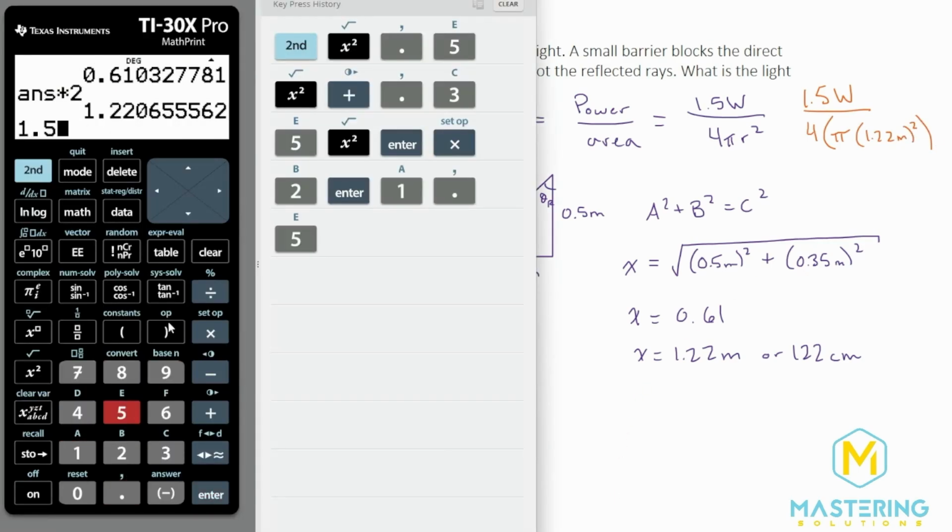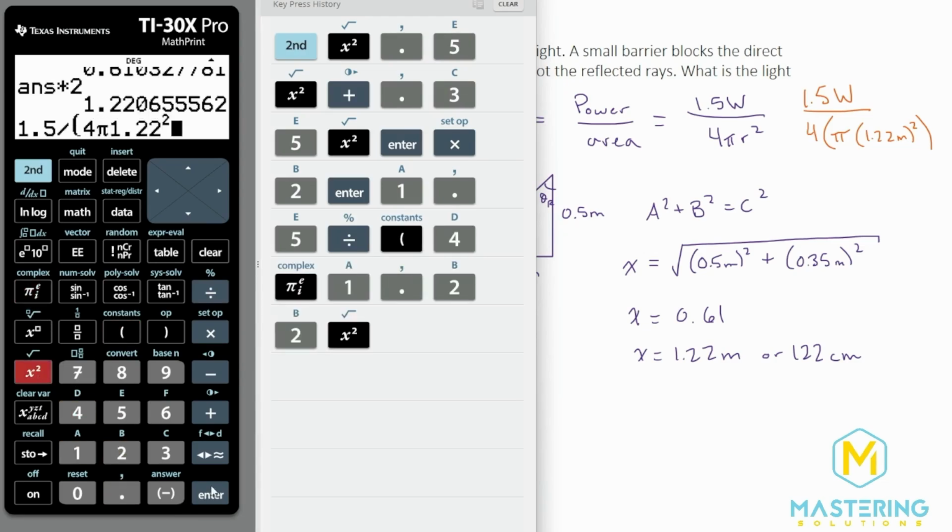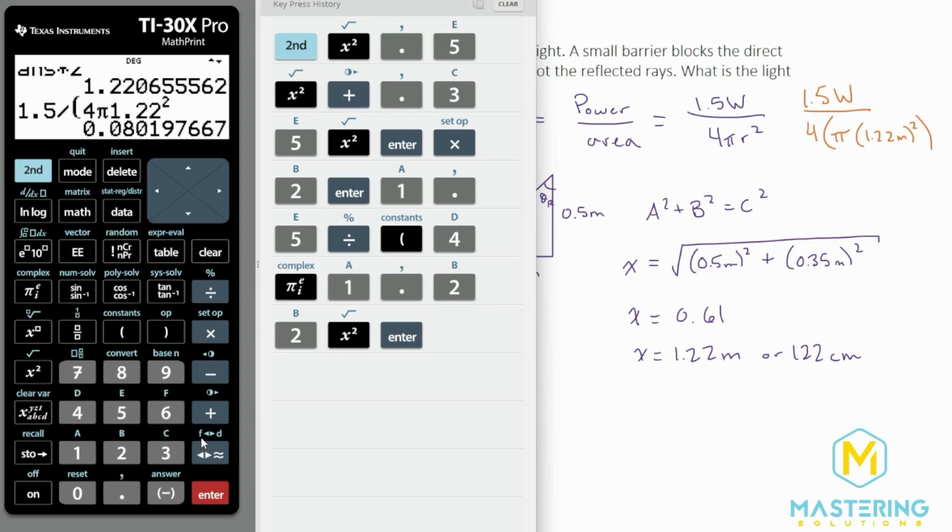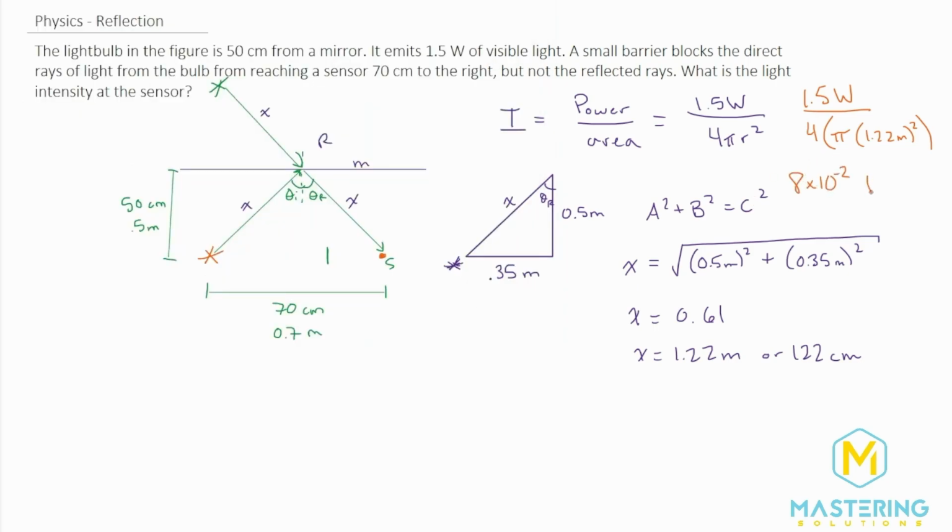So the total intensity is 8 times 10 to the negative 2 watts per meter squared. And that's the units for intensity. So this is our answer finally of the intensity for the light bulb as it is reflected off our mirror to hit the sensor.